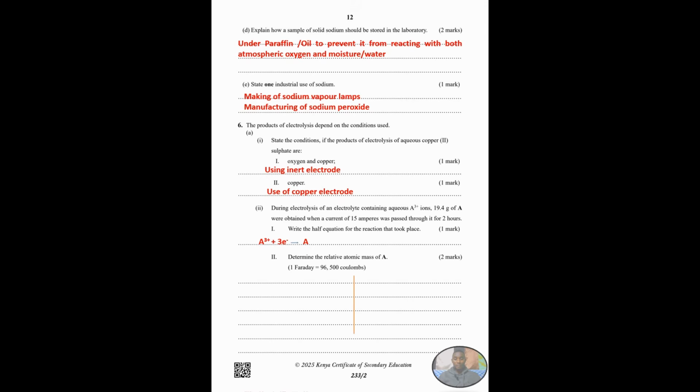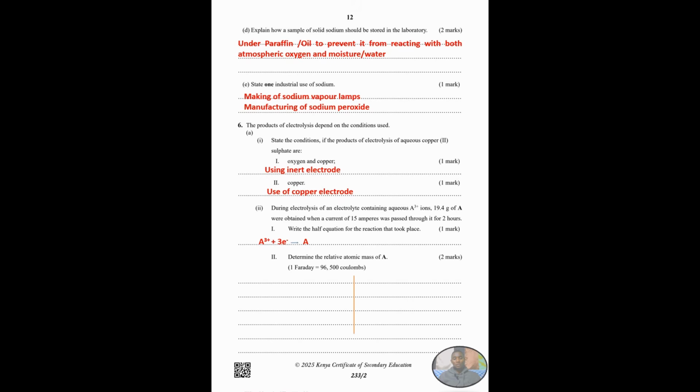Students, kindly don't forget to include the state symbols. The ions are in aqueous form, and then the A will be in solid form. Please don't forget to include that whenever you are answering this kind of question. This was supposed to give you 1 mark after including the state symbols.